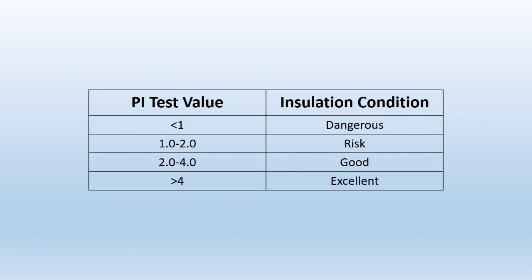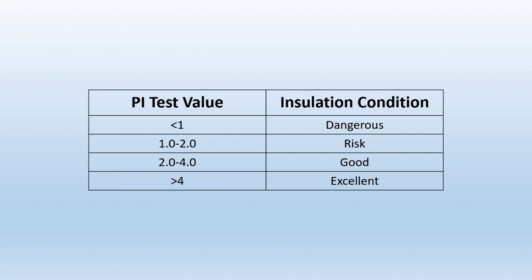If the answer is less than 1, it means it is dangerous. For example, if the 10 minute result is 20 mega ohms and the 1 minute result is 25 or 30 mega ohms, it means it will be less than 1. So it will be dangerous, or we cannot rely on the equipment.